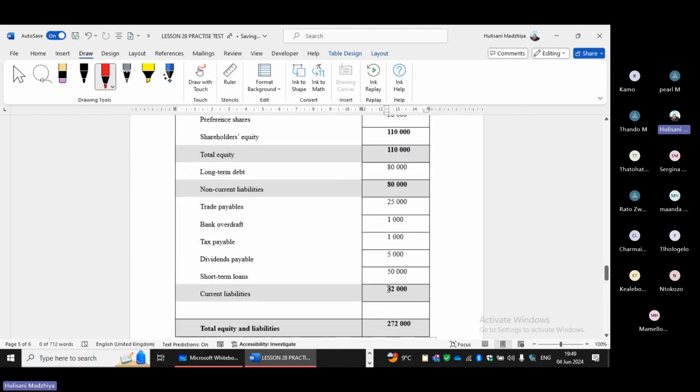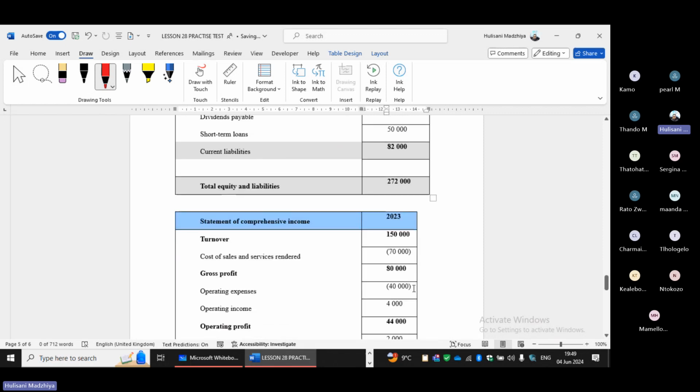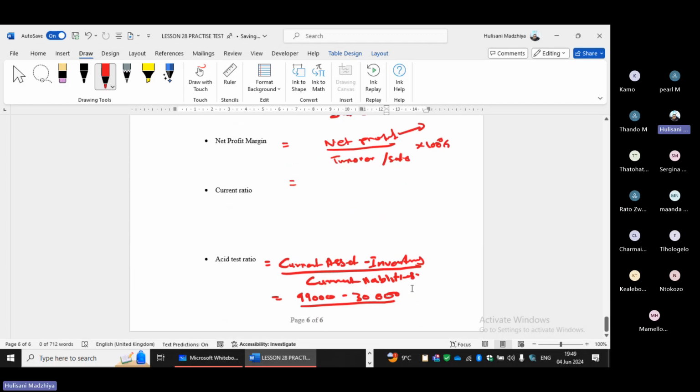Current liabilities is 82,000. And then you calculate.